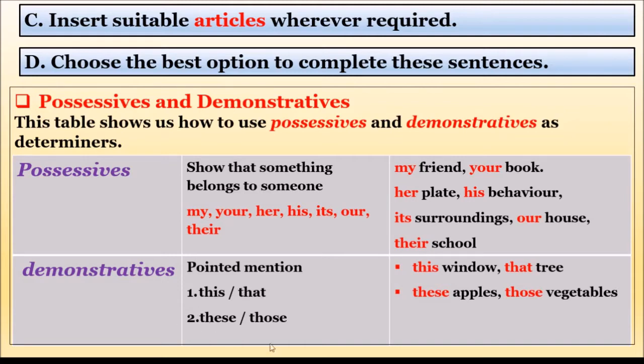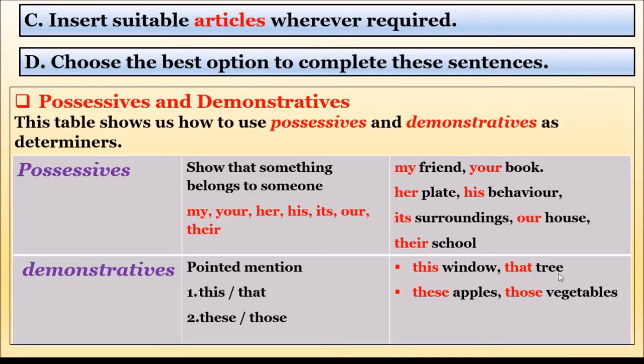These and those are used only for plurals. If a plural noun is just beside us, near to us, we use these. If those plural nouns are far away from the speaker, we use those. So, window is singular, it is near, so this window.